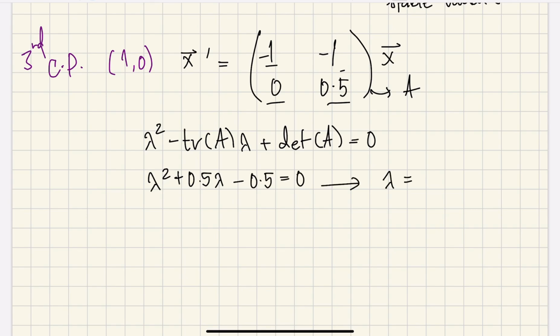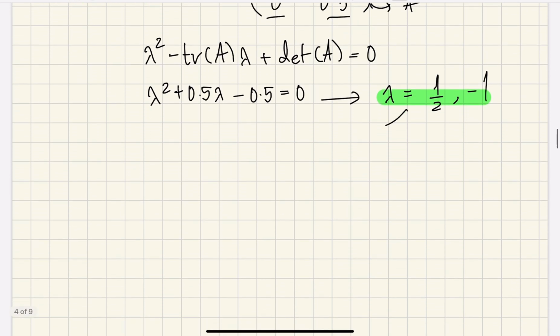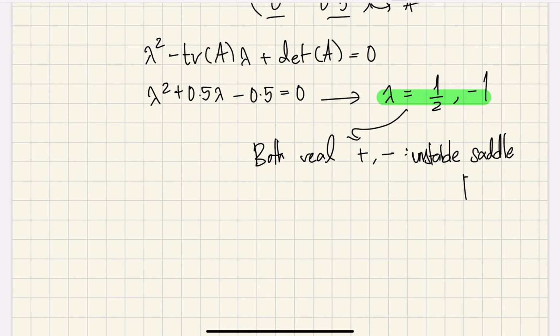Solving this gives me half and negative 1. These are both real with one positive and one negative, which means that this represents an unstable saddle point.